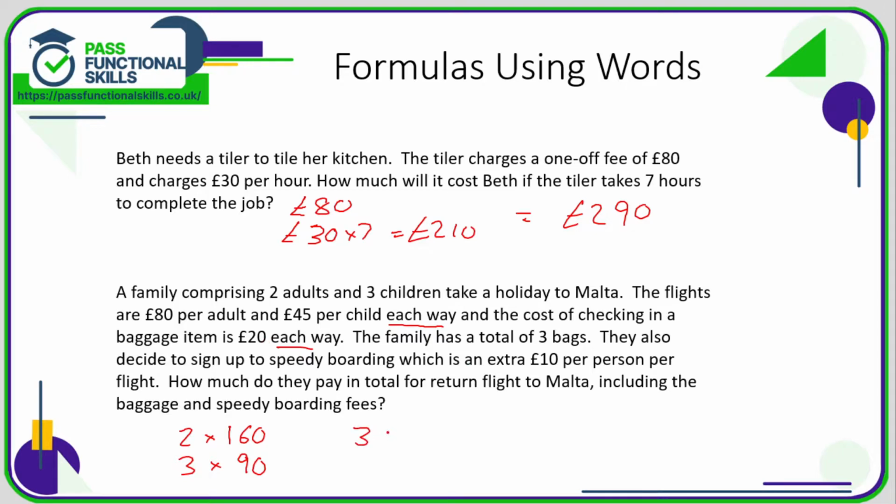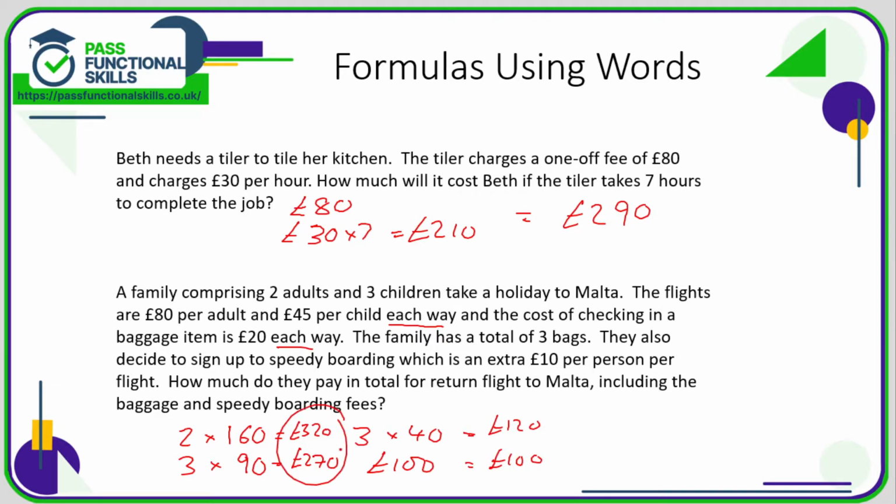So they've got 3 bags, so that's 3 40s, and they're doing the speedy boarding, which is £10 per flight, so 5 times 10, but there's 2 flights, so that's 10 times 10, which is quite handy, so that's £100 for the speedy boarding. So 2 times 160 is 320, 3 90s are 270, 3 times 40 is 120, and we've also got the 100.